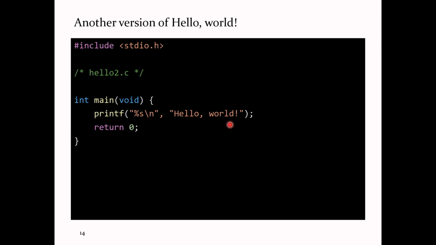Well, it takes the argument after the formatting string and inserts it here. It tries to interpret this argument as though it were a string and just inserts it. The \n is the newline character. So this prints hello world and then goes to the next line and then exits. You'll be seeing a lot of printf in this course.